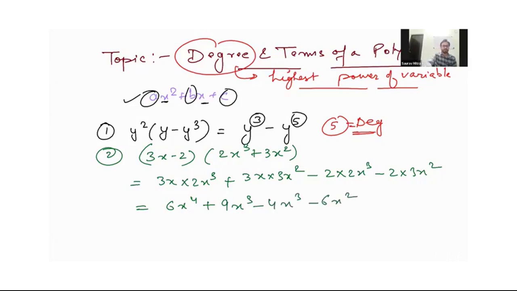Since this is your polynomial expression, the highest degree of the variable is 4, among all the powers of x. So the highest power is always called the degree of the polynomial. So here the degree is 4. Clear? So this is how we can calculate the degrees.